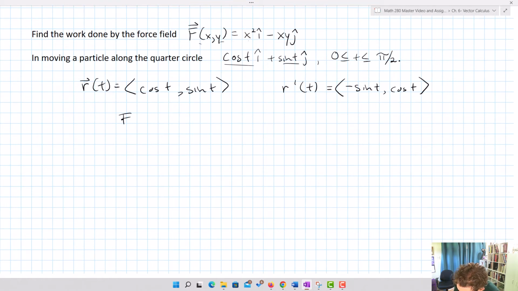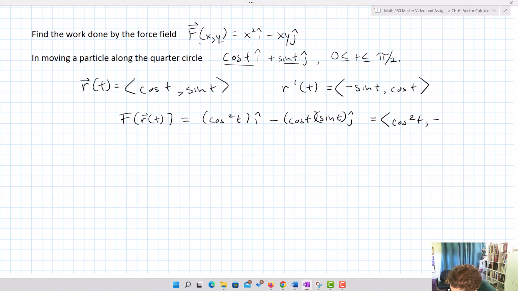So F of R of t is going to end up equaling, since x is cosine t, cosine squared t i minus cosine t sine t j, which equals essentially cosine squared t, comma negative cosine t sine t. So that's going to be F of R of t.